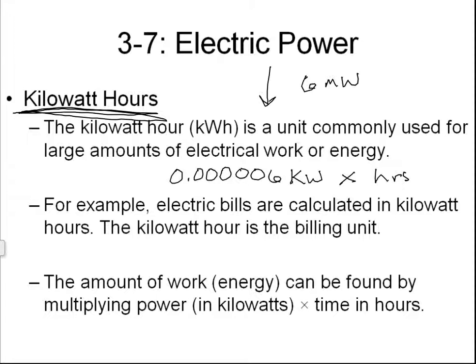So it is the actual amount of work energy times the time in hours that's being used. And it has to be expressed in kilowatts. So if I've got a device rated for 100 watts, that is 0.1 kilowatts.